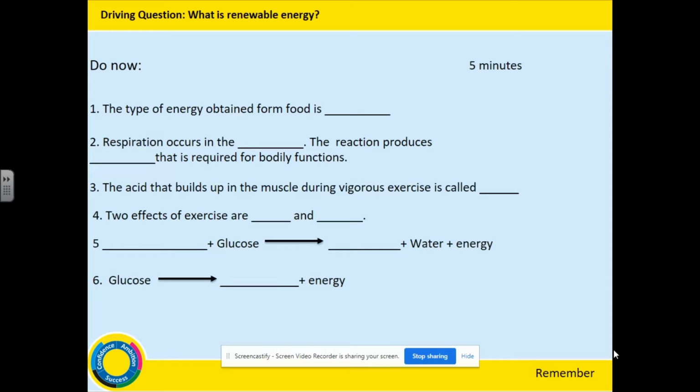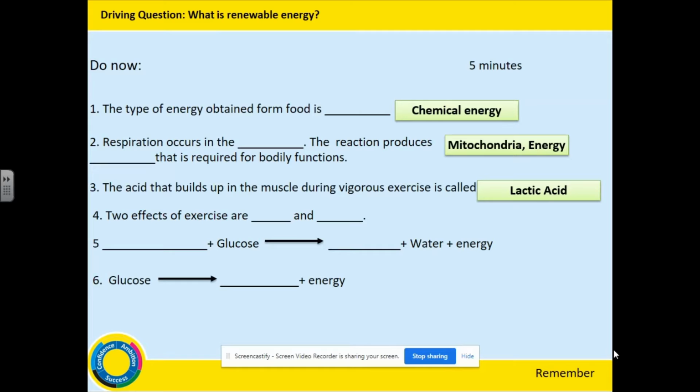Question 1. The type of energy obtained from food is chemical energy. Respiration occurs in and the reaction produces that is required for bodily function. The answers are mitochondria and energy. Number 3. So, the acid that builds up in the muscle during vigorous exercise is called lactic acid.